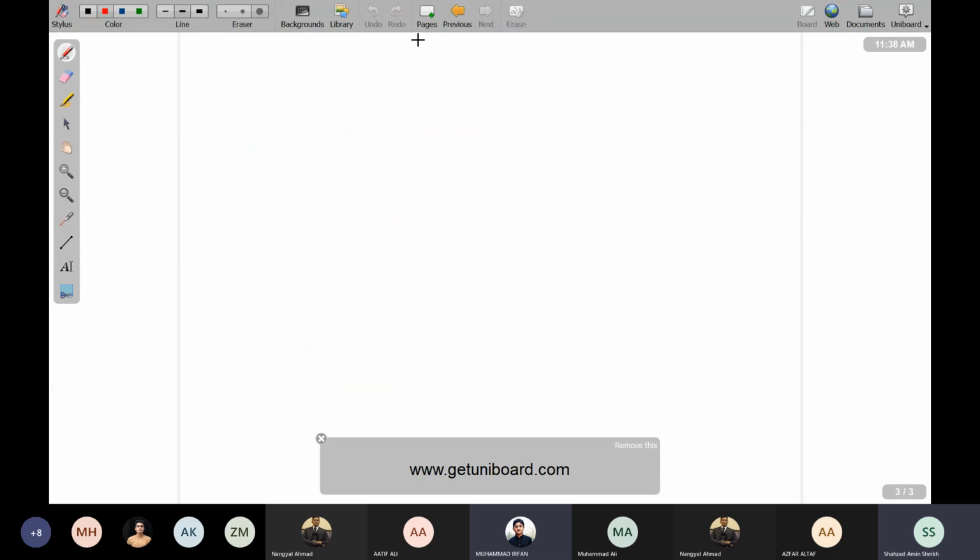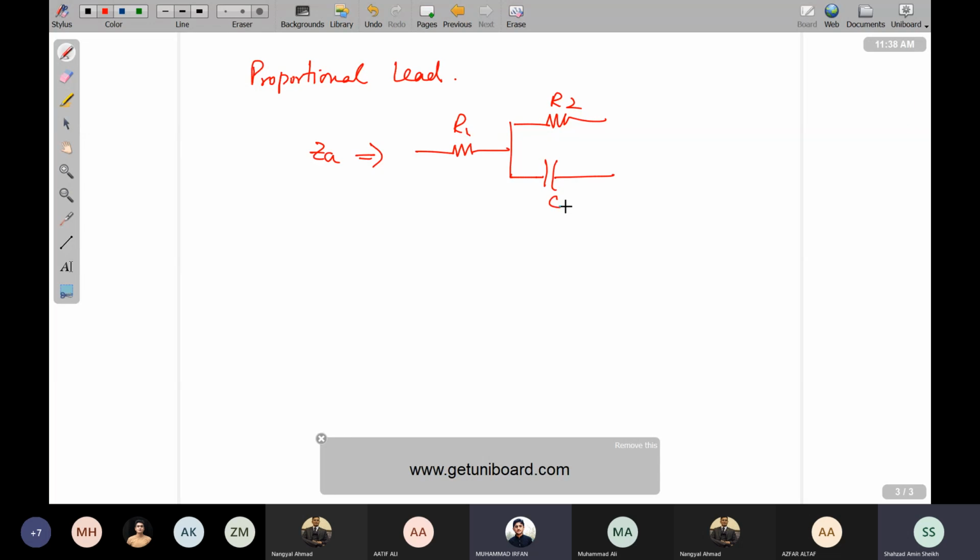Similarly, if we are interested in proportional lead, in that case your ZA will be replaced with this circuit, and your feedback path impedance ZF will be equal to RF.